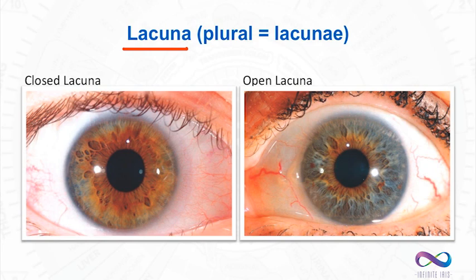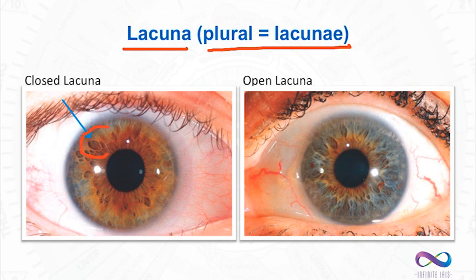A lacuna is actually a hole in the fabric of the iris. More than one lacuna is spelled with an E on the end, lacunae, and some people even use an S, and that's okay too. In these eyes, we're going to look at a closed lacuna that actually has a border all the way around it.